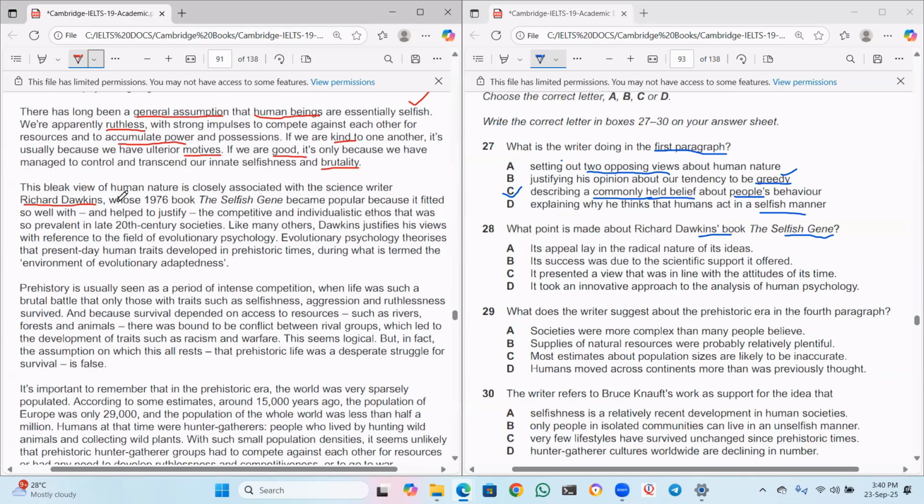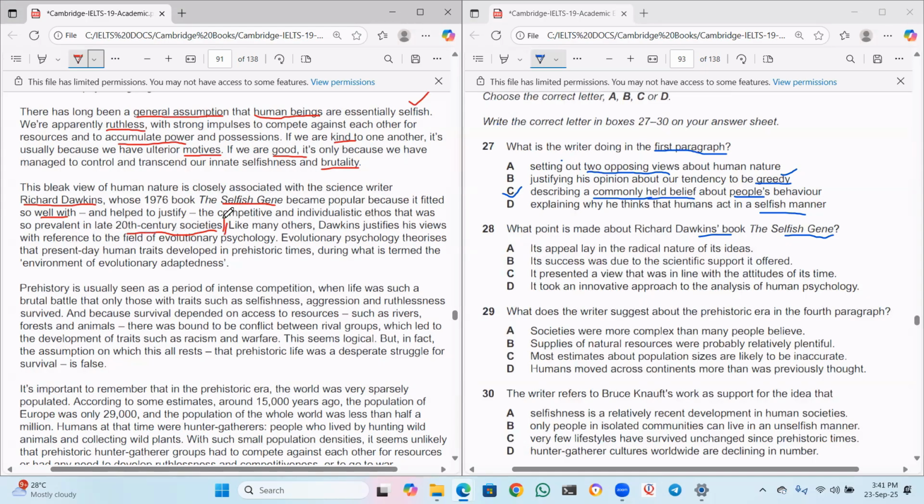So Richard Dawkins, whose 1976 book, The Selfish Gene, became popular because it fitted so well with and helped to justify the competitive and individualistic ethos that was so prevalent in the late 20th century societies. Okay, so this book has fitted so well and it justifies the competitive and individualistic ethos that was so prevalent in the 20th century societies.